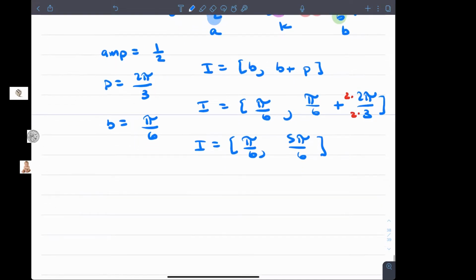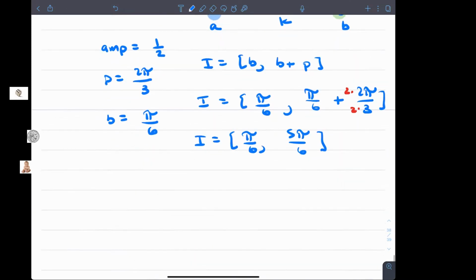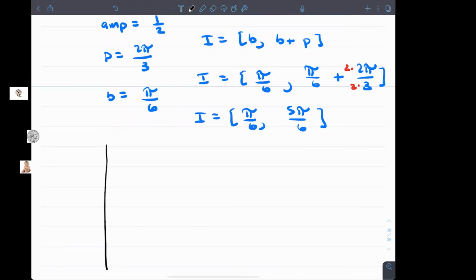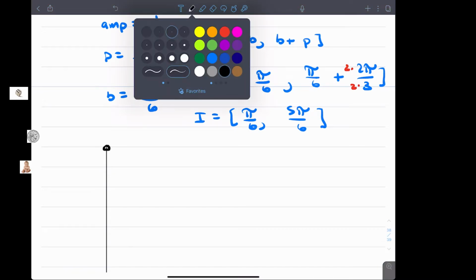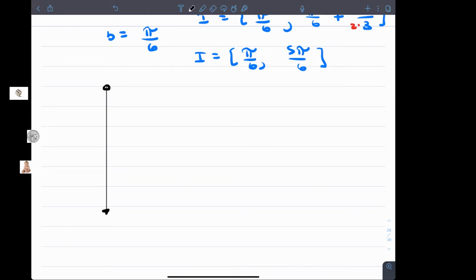All righty, ladies and gentlemen. So this is going to be the sine curve, right? So remember, we have to graph that sine curve. One half, what's this?